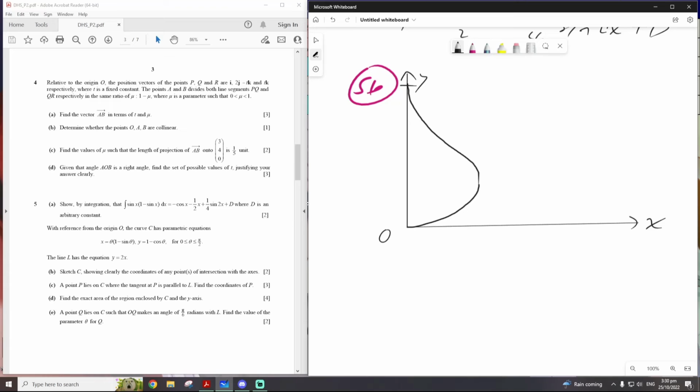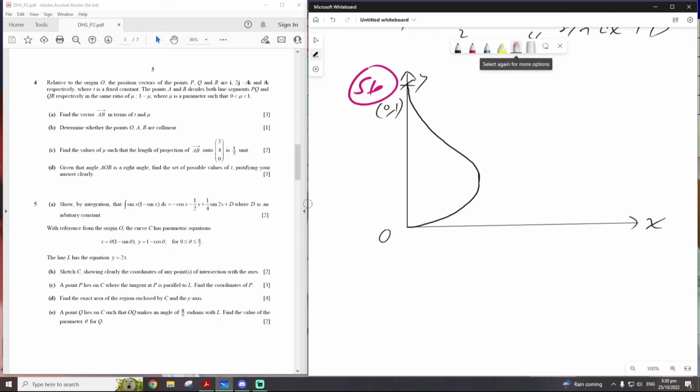Okay, there you go. This is 1 point of intersection with the axis, so this is 0, 1, and this is the origin, and the curve is a bit, yeah, like that.